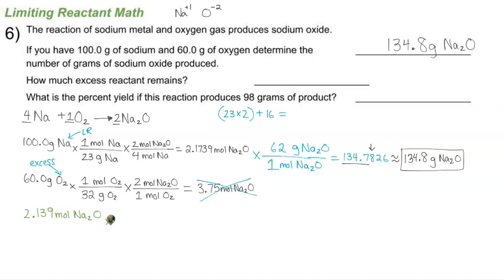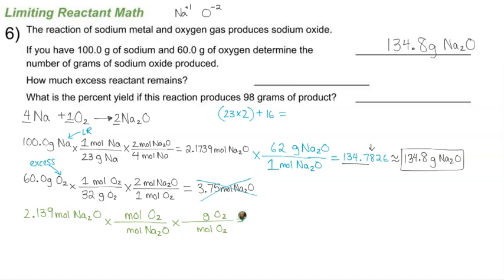You could also start with anything that's stoichiometrically equivalent to that amount. We could start with 134.8 grams of sodium oxide. We could start with 100 grams of sodium, anything that is stoichiometrically equivalent. And then we'll go moles of Na2O, 2 moles of oxygen, O2, and then we will go from moles of O2 to grams of O2.